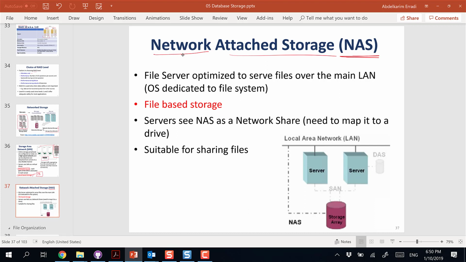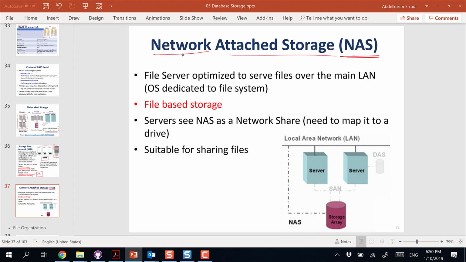So those are the three major storage solutions used in practice. In practice, you will not find a real commercial, important database running on a single normal disk like we have in our laptop or desktop.